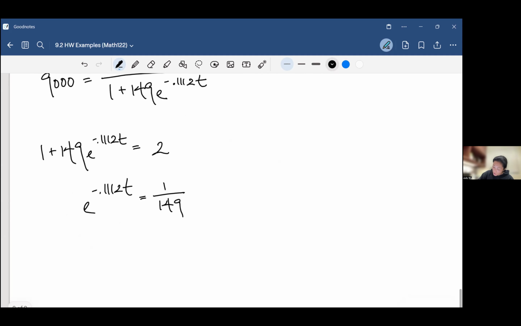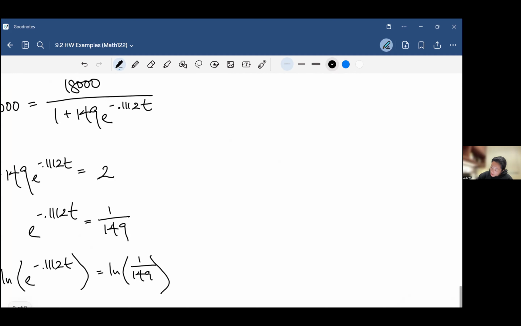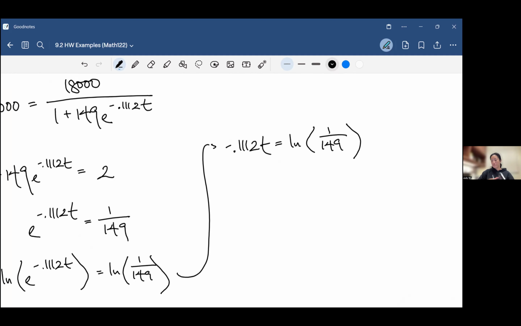Now I'm going to take the natural log of both sides. And this will get me to negative 0.1112 t equals natural log of 1 over 149.